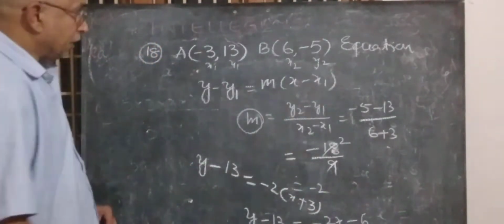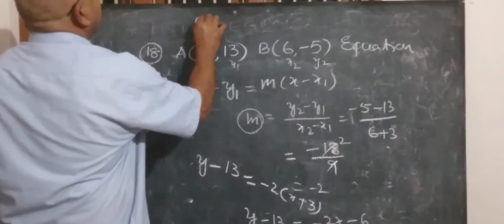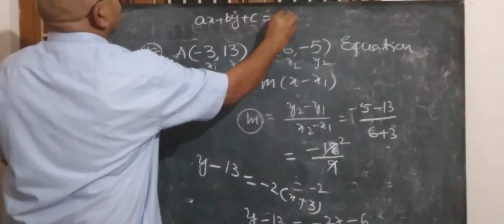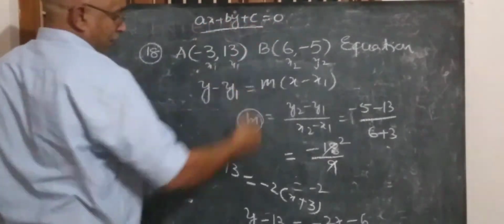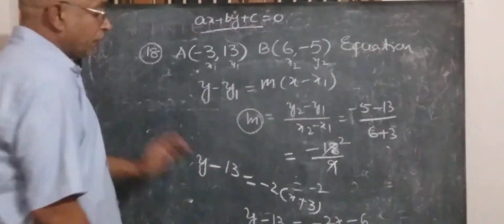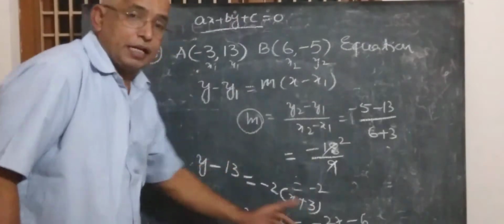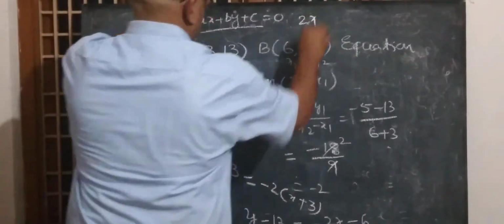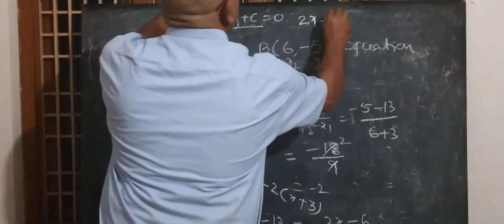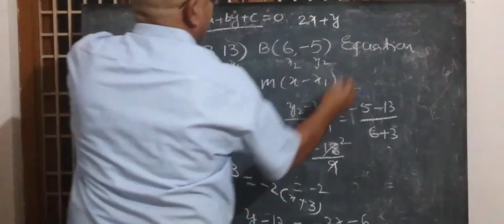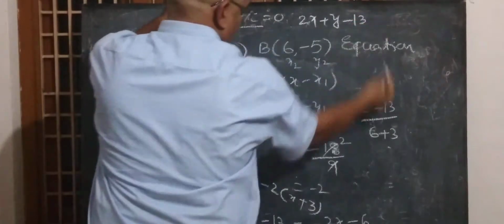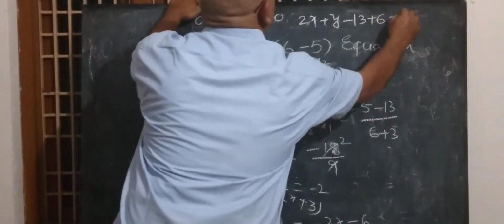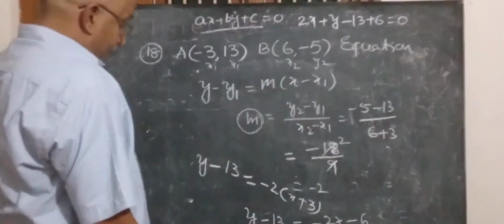Now you can write the equation form of a line as ax plus by plus c is equal to 0. This one is the equation of a line. So minus 2x goes to the left-hand side, 2x plus y minus 13, and minus 6 also goes to the left side, plus 6, is equal to 0. Okay.